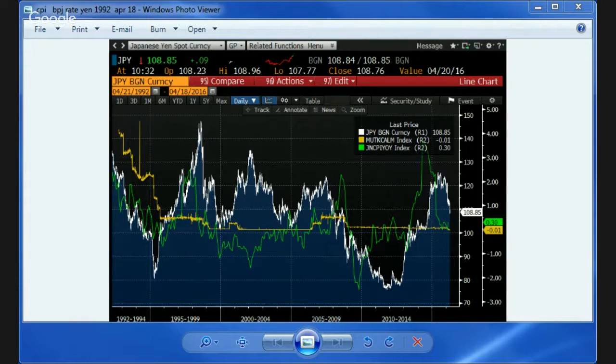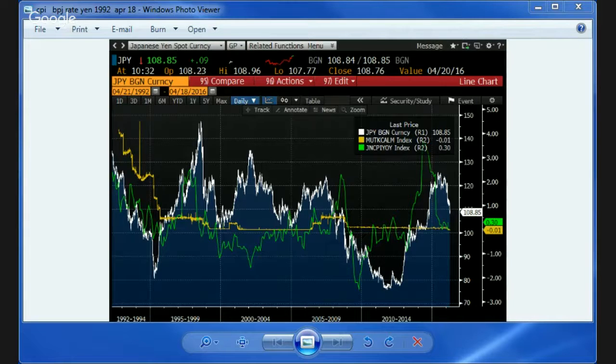If we just take the current situation, and we're just doing this in a representative fashion, the rate is negative 0.1% and the inflation rate is 0.3% year over year. So what's your cost? It's negative 0.31% a year. You lose because of the inflation rate and you have to pay a little bit. So let's just say as a thought experiment, that's what you're going to get on a 2-year JGB. It's not correct, but the idea is correct.